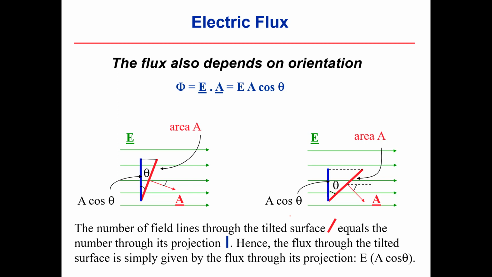Then you have to consider, of course, the angle between the area vector and the electric field vector. This is your theta, class. This is your electric field vector and this is your area vector. So the angle between them is what we consider.